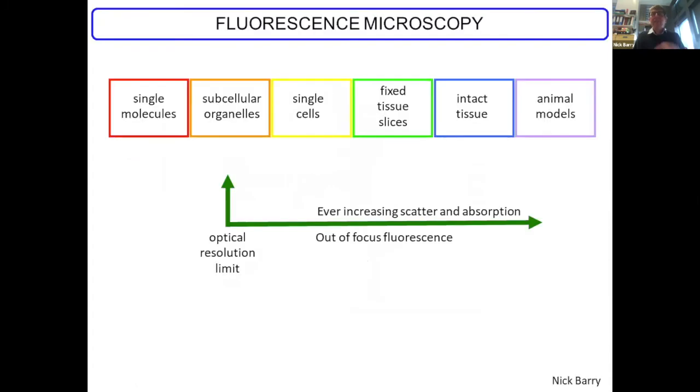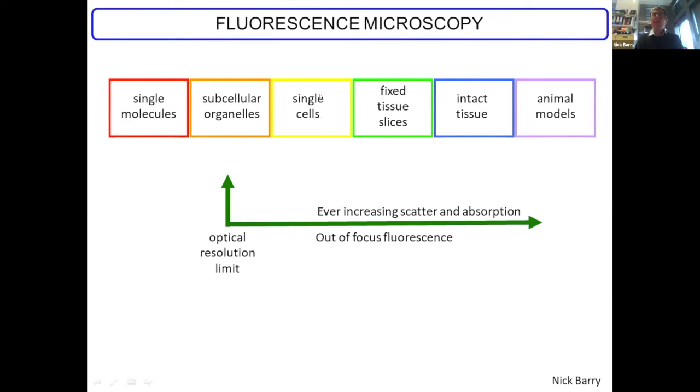All right. The one problem we do have is this notion that as we get to bigger and bigger things, thicker chunks of sample, you get more scattering and absorption and out of focus fluorescence, and that's going to obscure the detail that you want to see. And this was definitely a problem as you went to thick tissue slices.